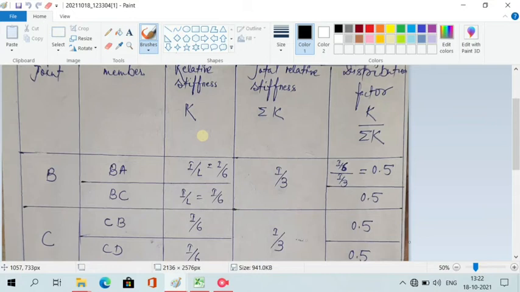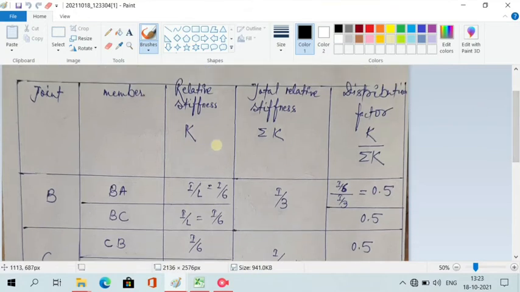So relative stiffness we have calculated because all members are of the same material, meaning all members have the same modulus of elasticity. That's why we can use I by L only. So I have written here I by 6, and for BC also I by L is equal to I by 6, as the member length is equal to 6 meter, and for CB as well as for CD also I have written I by 6.